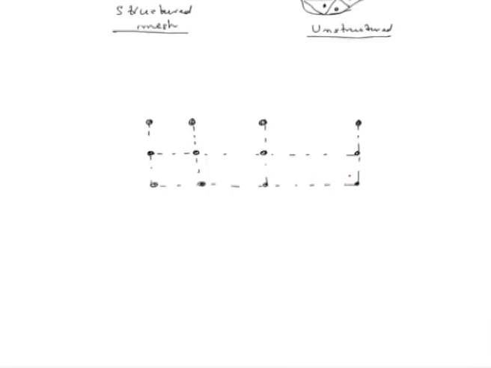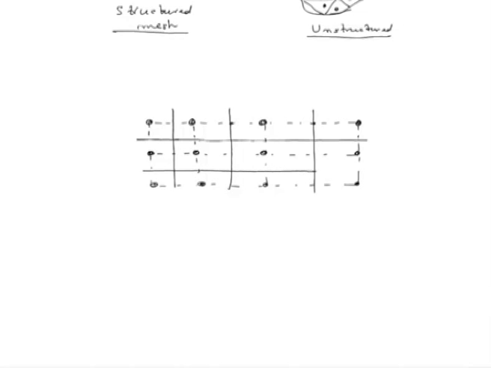We need to find the midplanes between these nodes, which will define our control volume surfaces. So this is one of the midplanes, this is the midplane here, this is the midplane. Similarly, the midplane between these two, let's draw here. So these are the midplanes. And now the intersection of these surfaces, that is what will give us the finite volume.